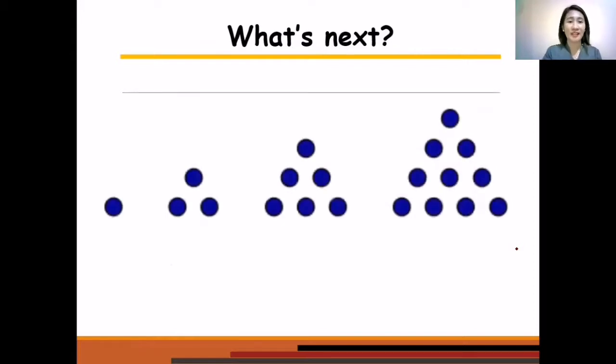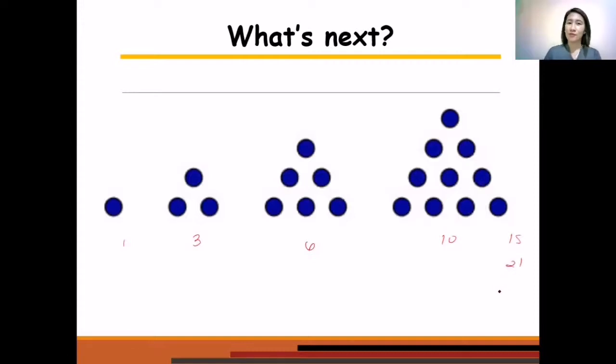And this one, triangular numbers. So you have 1, 3, you have 6, and how many do we have? 1, 2, 3, 4, 5, 6, 7, 8, 9, 10. 10. Okay. And then what will be the next one? It's actually 15. And then you're going to have 21.